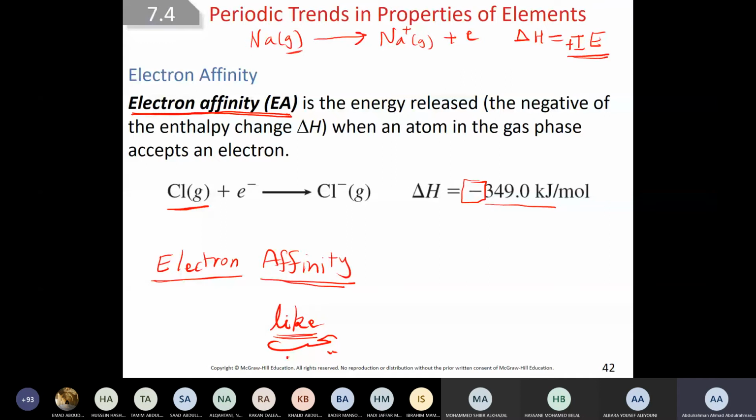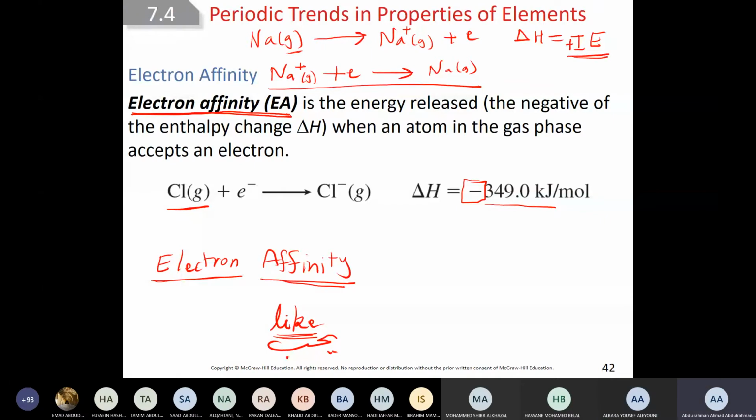If I have this reaction here, sodium ion gas plus electron goes to sodium gas, what do you call this reaction? Electron affinity. Electron affinity to what? To sodium ion.